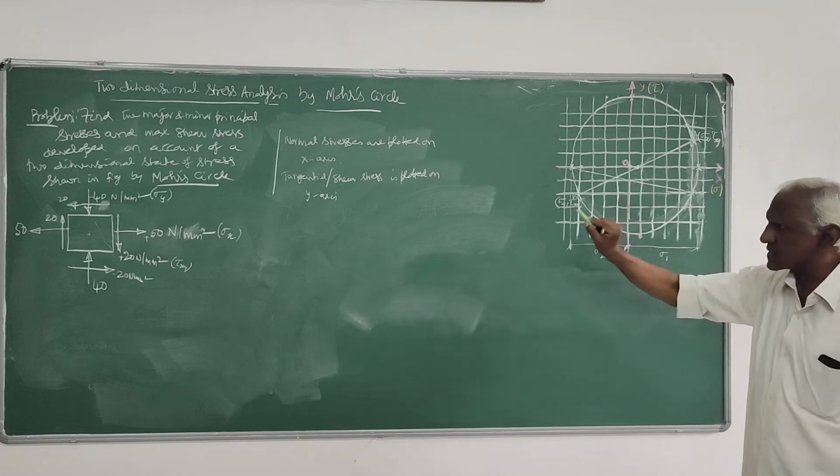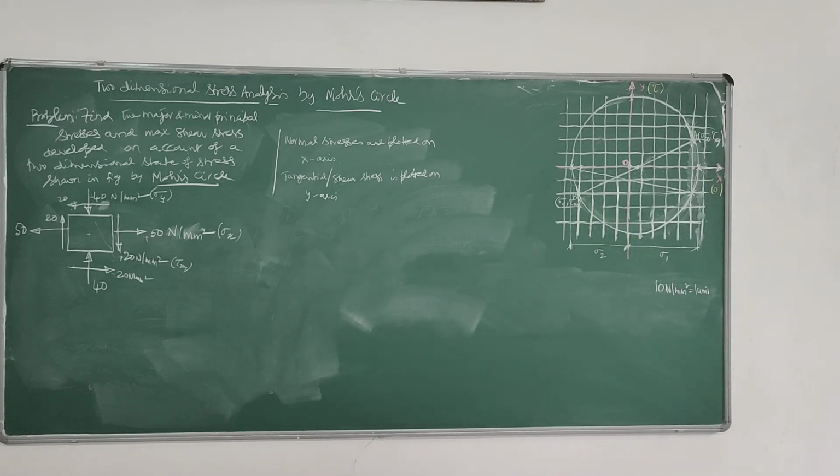After plotting A and B, that's the very first step. You have to be very, very careful. Select a coordinate system, attach positive and negative signs. Accordingly, you plot the two-dimensional state of stress acting on the vertical plane and horizontal plane. First, always we take the vertical plane because the horizontal normal stress will be acting on the vertical plane. The vertical normal stress will be acting on the horizontal plane.